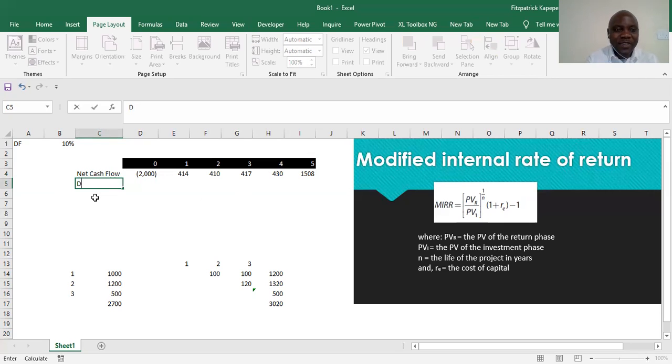So here we know that we are going to look at these discount factors. In year 0 it's 1. I don't need to explain why it is 1. So divided by 1 plus, I have to be very quick so that you don't get bored.